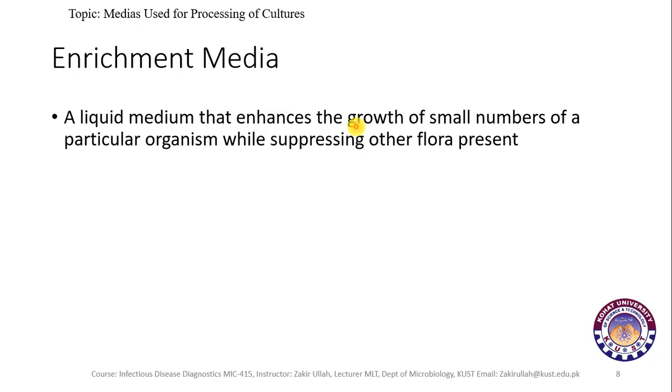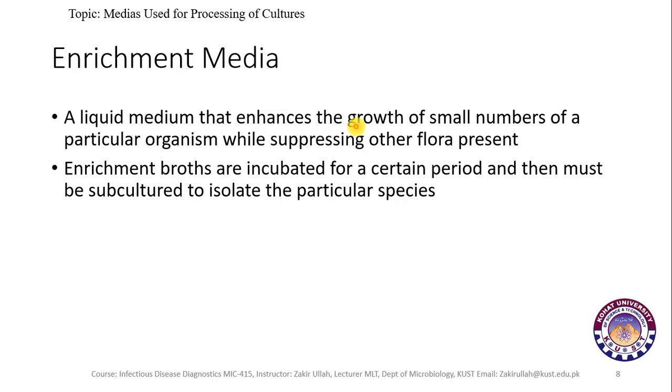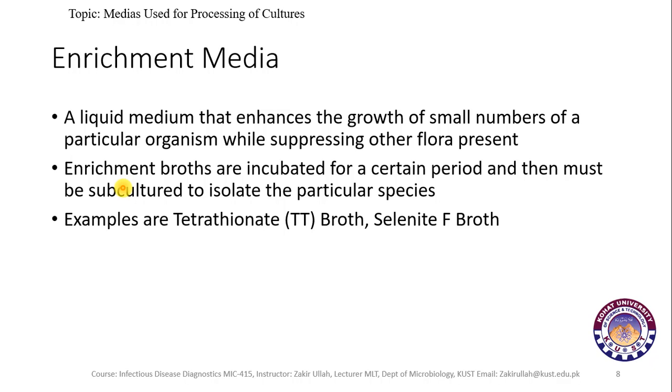Enrichment broths are incubated for a certain period and then subcultured to isolate the specific species from that broth. Examples of enrichment media are tetrathionate broth and selenite F broth.